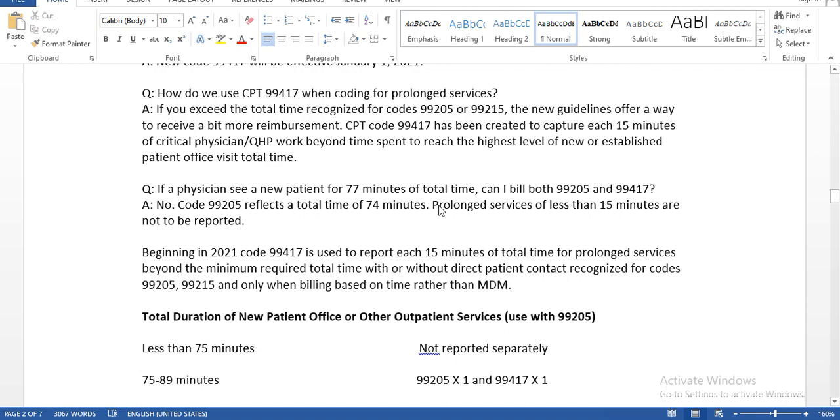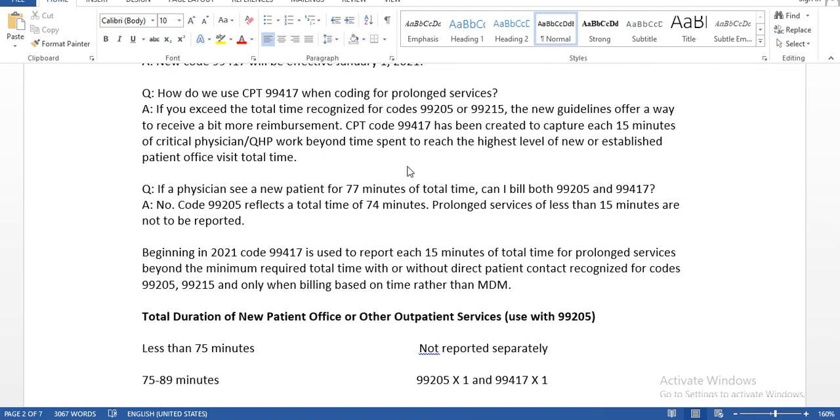If you exceed the total time recognized for codes 99205 or 99215, the new guidelines offer a way to receive a bit more reimbursement. CPT code 99417 has been created to capture each 15 minutes of critical physician or QHP work beyond the time spent to reach the highest level of new or established patient office visit total time.